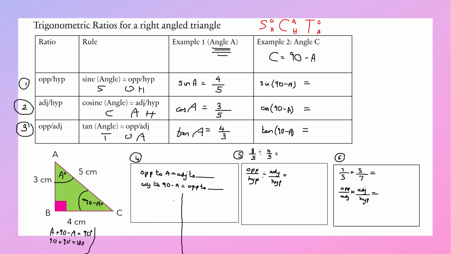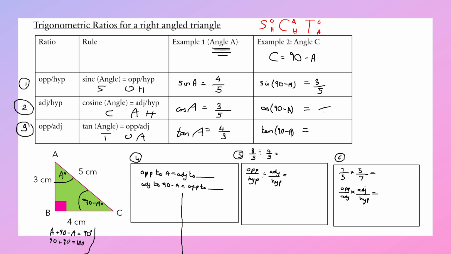Okay, so let's have a look at how the trigonometric ratios apply to angle C. So, what side is opposite to angle C? It's the AB, or 3 centimeters. So I'm going to say 3 over 5. What's adjacent?